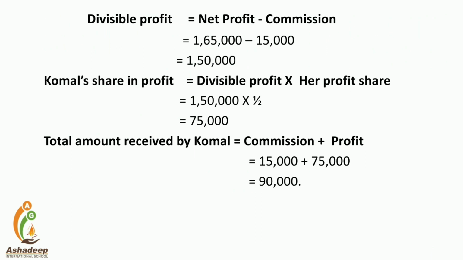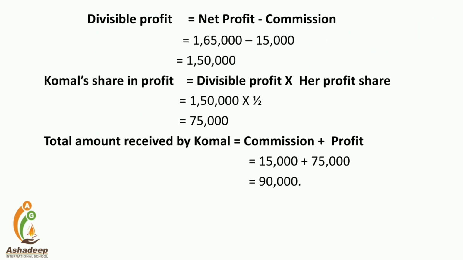Now we have to distribute this profit among the partners. But in the question, we want to know the total amount received by Komal, so we will find only Komal's share of profit here. Komal's share in profit is equal to divisible profit multiplied by her profit share. If you read the question properly, you will see that the profit sharing ratio is not given.